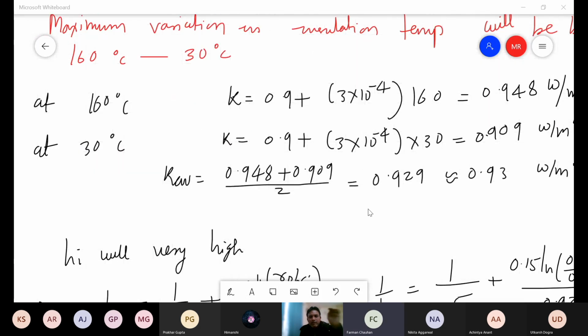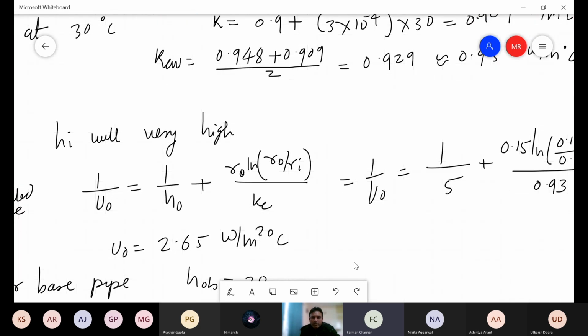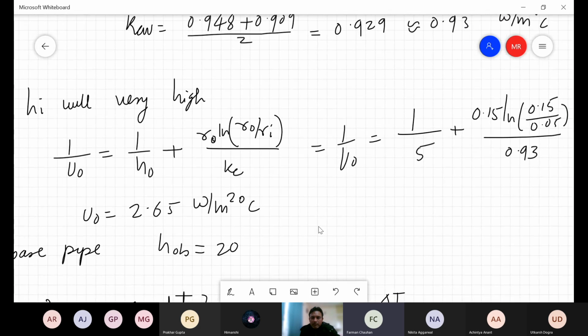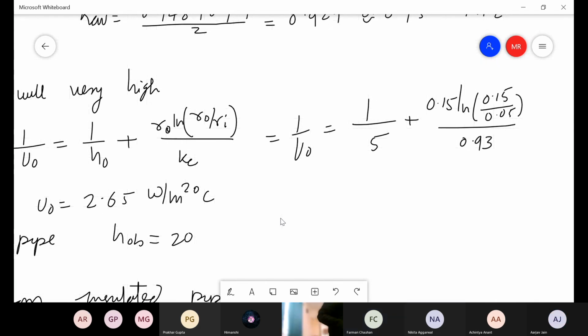You said that Hi will be very high, so the contribution of R naught by Ri into Hi would be very high, so when you add it, it will get neglected. But actually it's not getting neglected. Okay, so here your question is why we have not included the terms corresponding to Hi, isn't it?